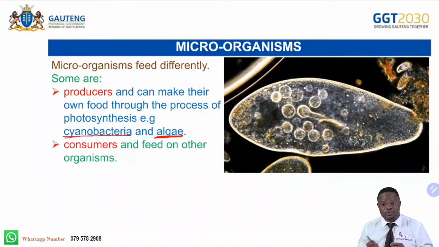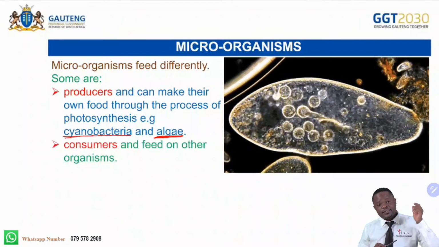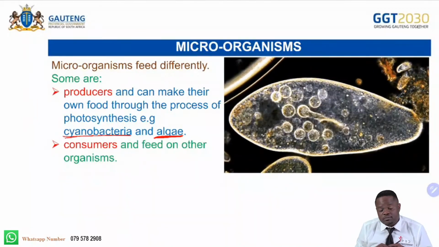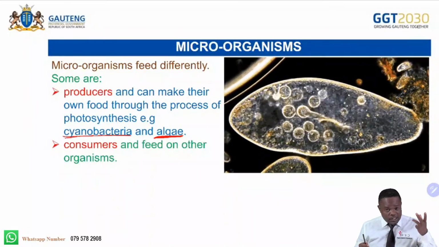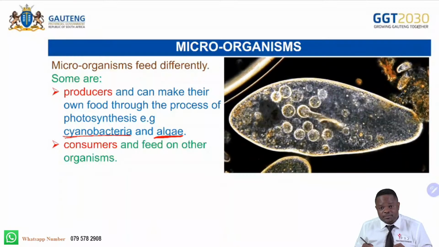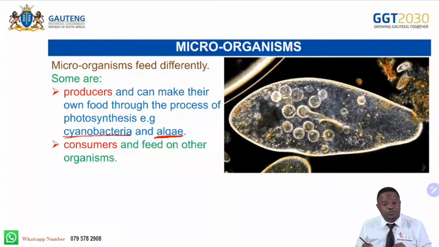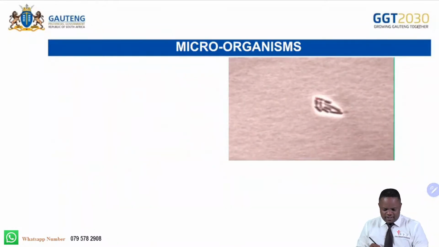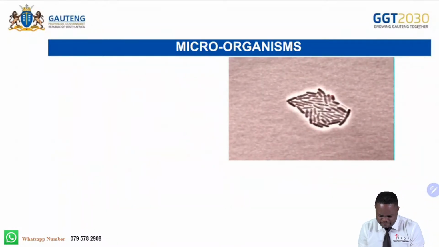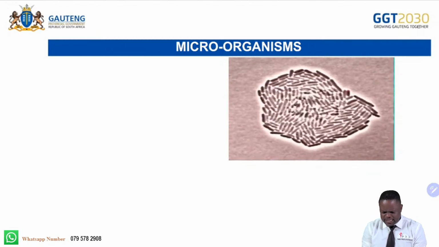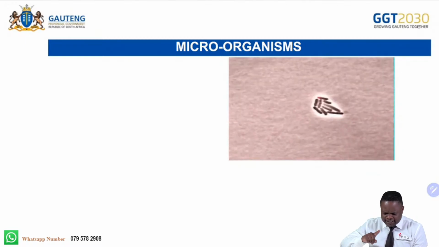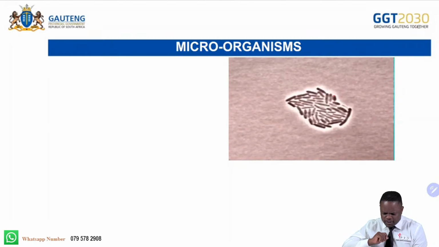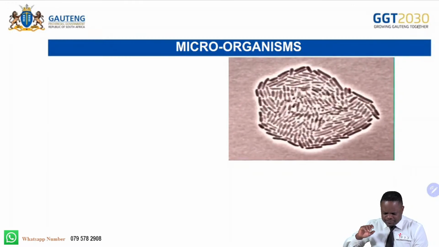Remember the consumers? It means now they feed on other organisms, right? So we now know our microorganisms, some produce their food, others are consumers, right? Look at that interesting image. Let it play once more. I want you to know it started as a single microorganism, and look at how it is increasing.